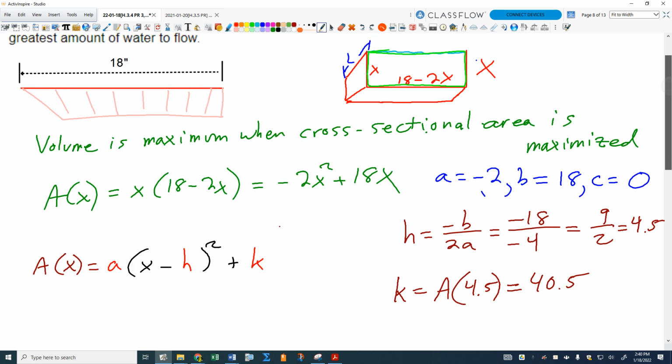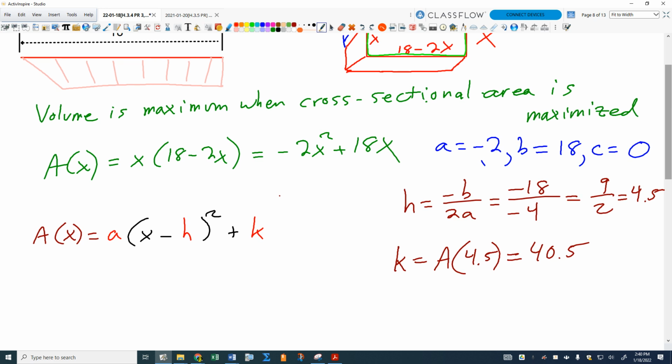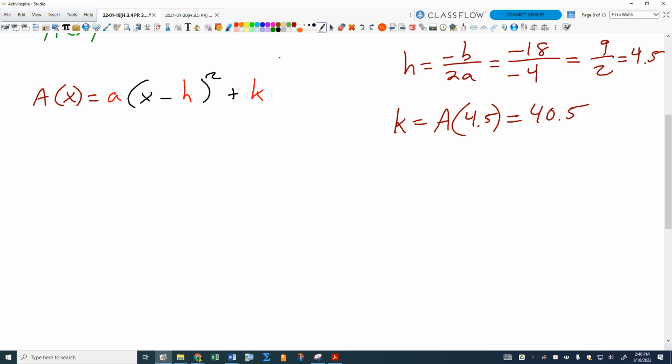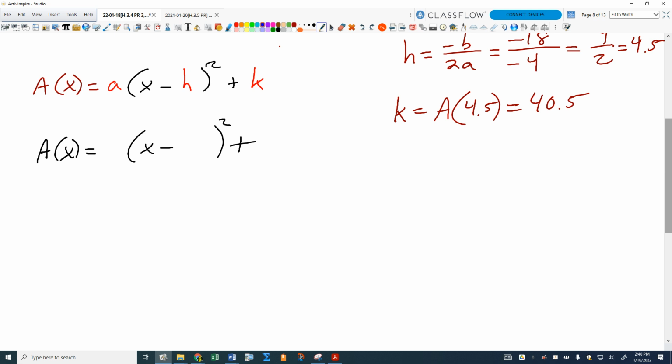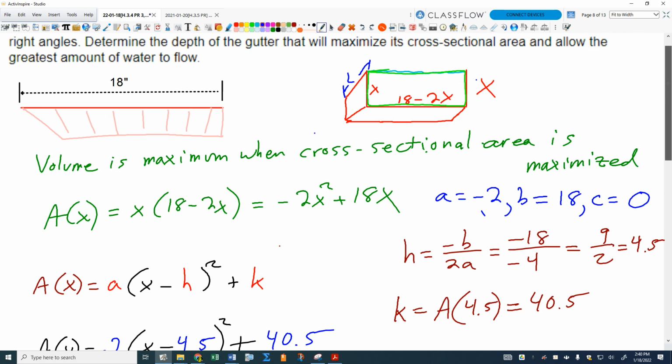A is the same in vertex form as it is in standard form. That's -2. So I get -2 times x minus 4.5 squared plus 40.5.